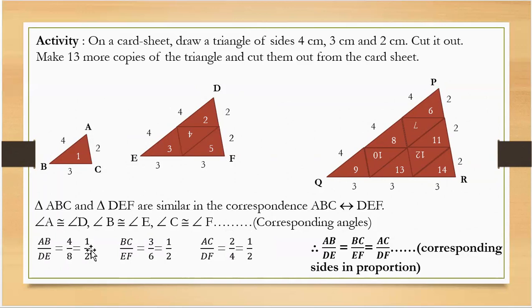So from one ratio, first, second, and third ratio, what do we conclude? We conclude that AB upon DE is equal to BC upon EF is equal to AC upon DF. Okay, and this ratio or this equation that we are obtaining finally are called as corresponding sides which are in proportion.